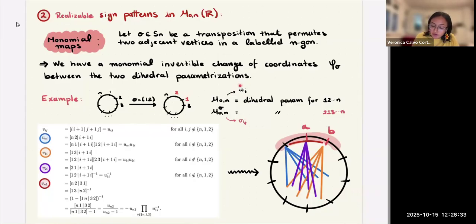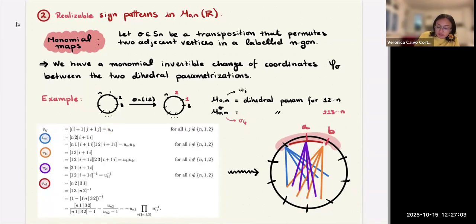Let me denote with u_ij the dihedral coordinates for the usual M0,n, so for this n-gon. And let me denote with v_ij the ones that correspond to this n-gon, so for the order 2, 1, 3, all the way up to n. Here, just using cross-ratio relations, we actually see what the map is.